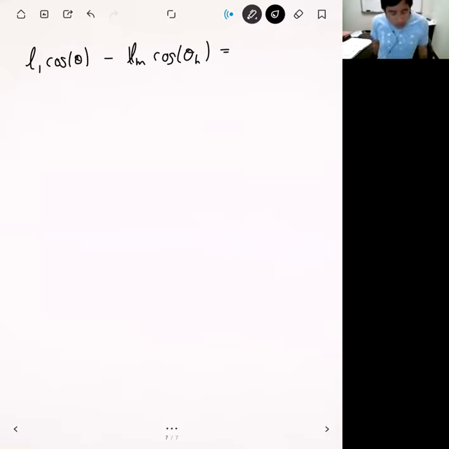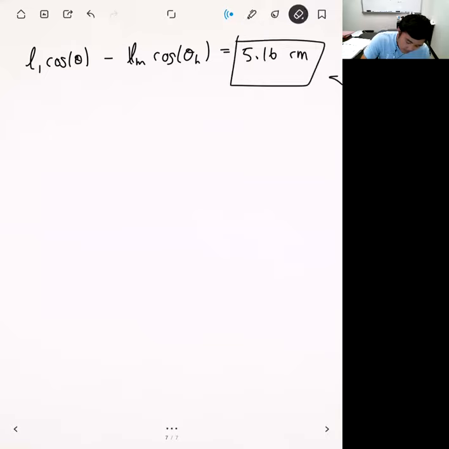All of these numbers we know, and so if we plug these in, what we get is 5.16 centimeters. And so this 5.16 centimeters is the moment arm for the normal force.